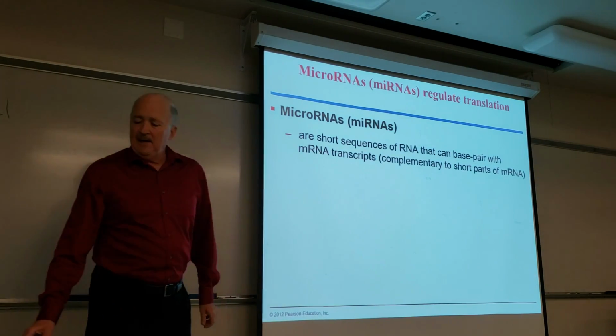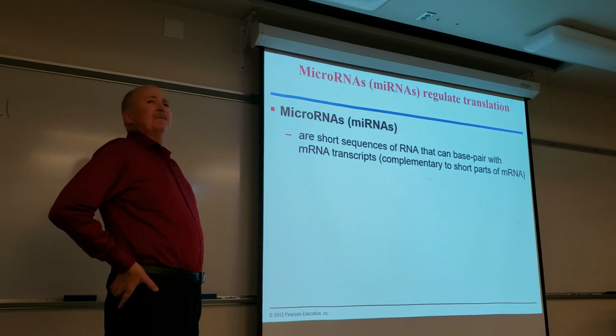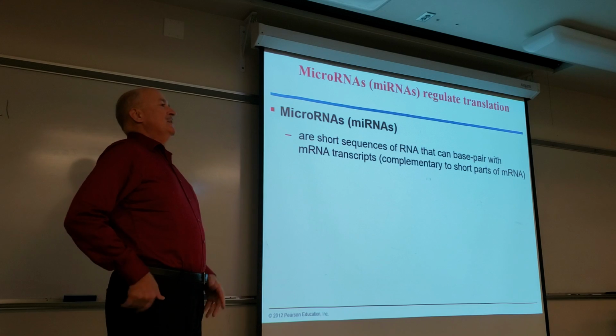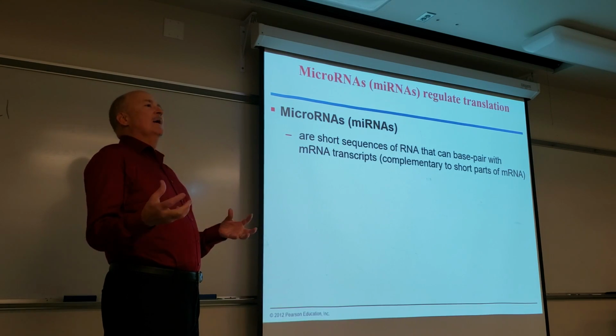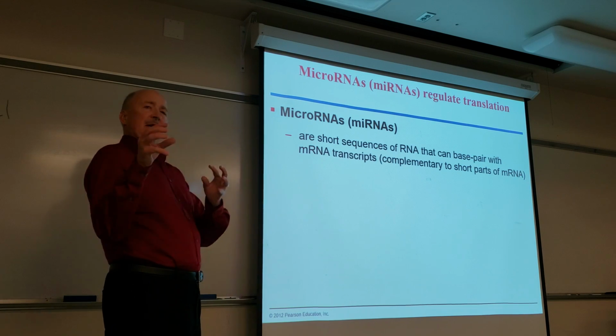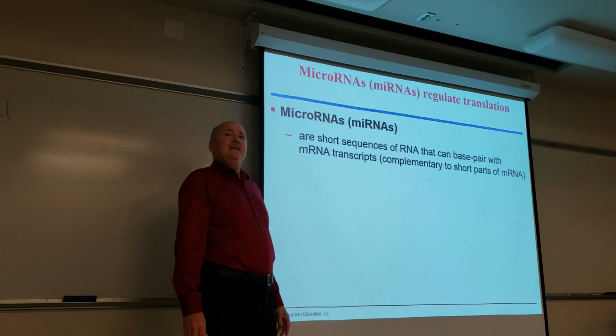So the cell can have messenger RNAs floating in the cytoplasm and, for instance, temporarily deactivate them if it wants to have the messenger RNAs available for making a protein. So it's already done some of the steps that it needs to do to make a protein, but it doesn't want to make the protein yet.